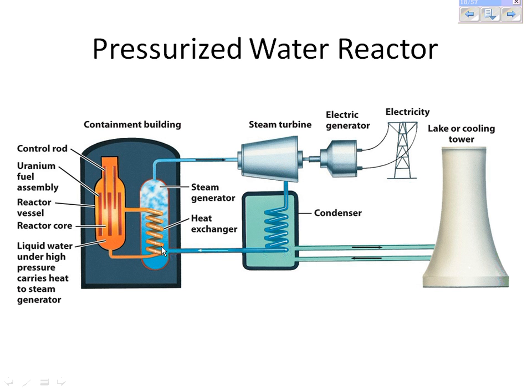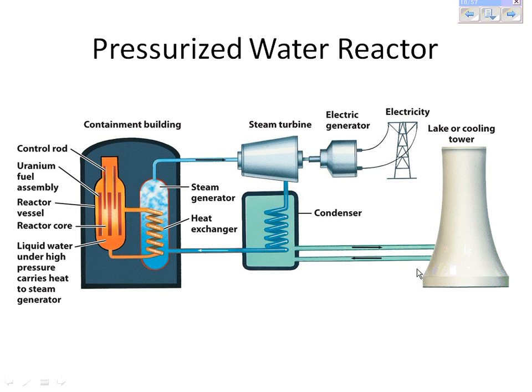And then we have our tertiary circuit, our last one, where we have water coming in from either a lake or a cooling tower. Usually it is associated with a cooling tower if it's not along a coastline. So water will be brought in, and then the heat from the secondary circuit is going to transfer into the tertiary circuit, and now that water is going to be brought out of the nuclear power plant, essentially removing the heat from within the nuclear power plant.